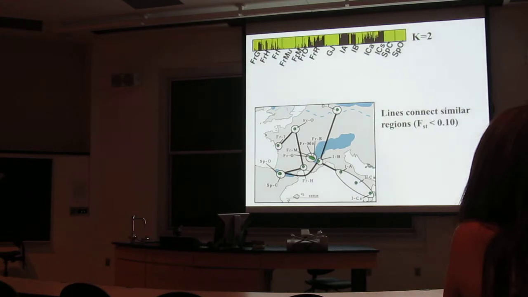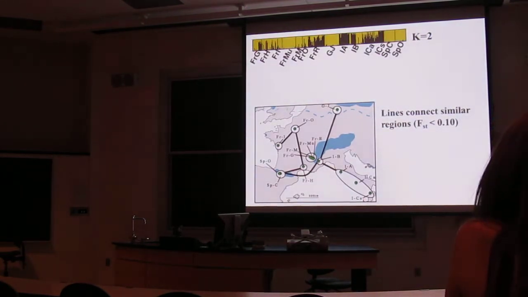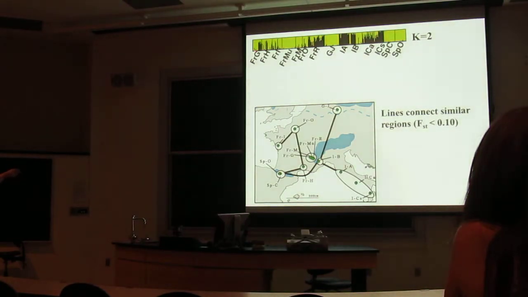Here's the output from the structure analysis, and each of these lines represents one individual in the analysis. So here I told the computer to separate it into two groups based on similarity. And for example, this small line suggests that that individual has about 80% of its genome from the yellow group and 20% from the black group.